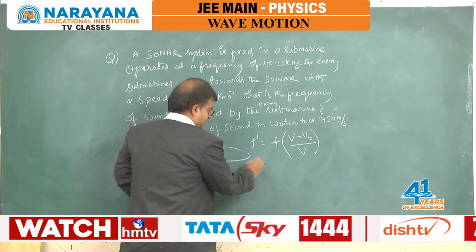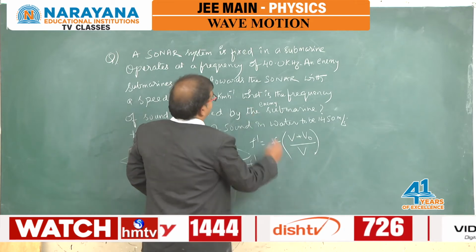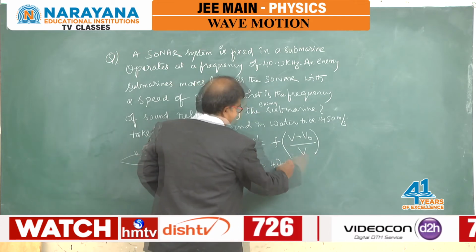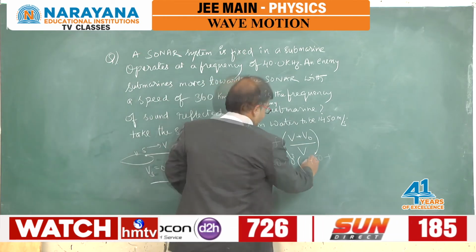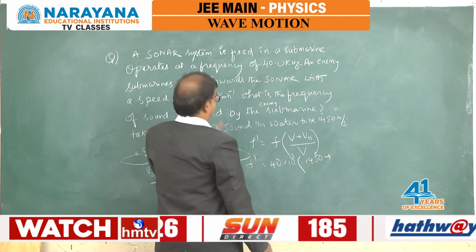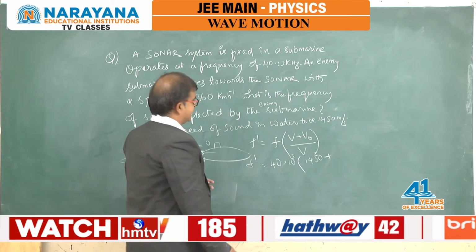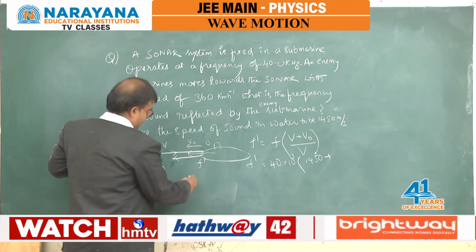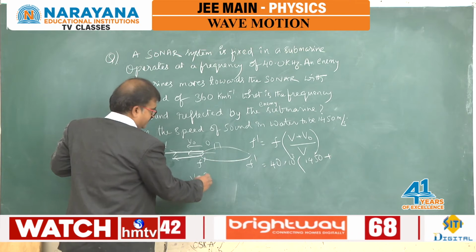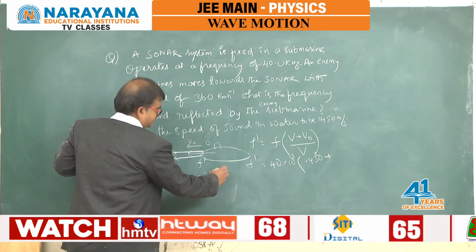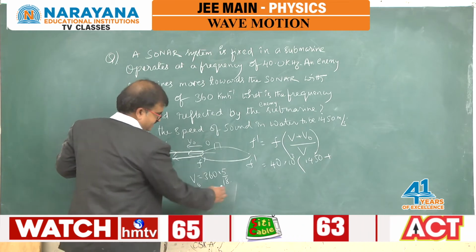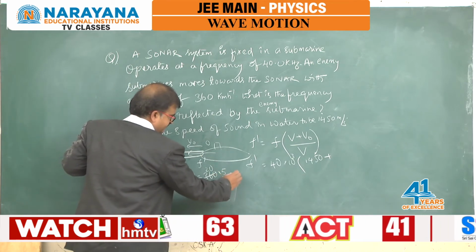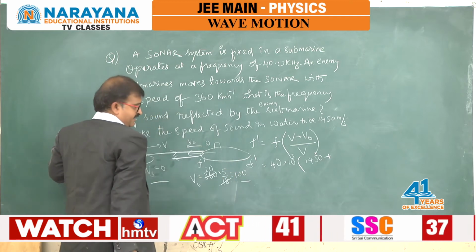So here f dash is equal to 40 kHz times V plus V0, that is 1450 plus the velocity, which is 360 kmph as given. That means V0 is equal to 360 kmph into 5 by 18, converted into meters per second. So it becomes 100 meters per second.